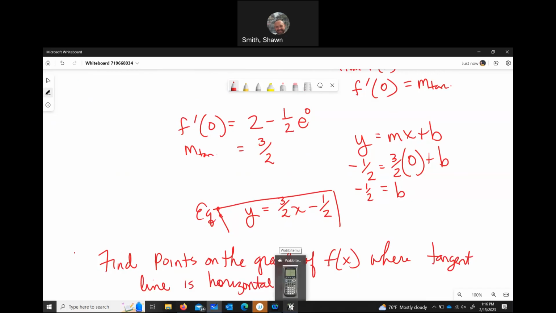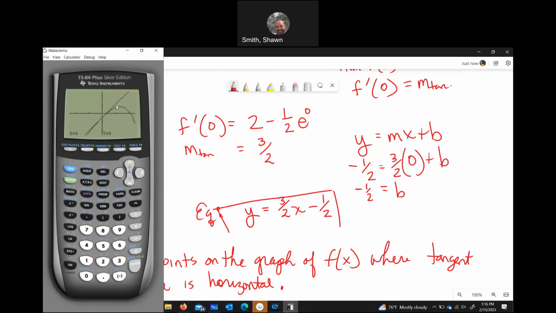So the tangent line is horizontal. That means the slope of the tangent line is equal to the value 0, right? Horizontal lines have slope 0.